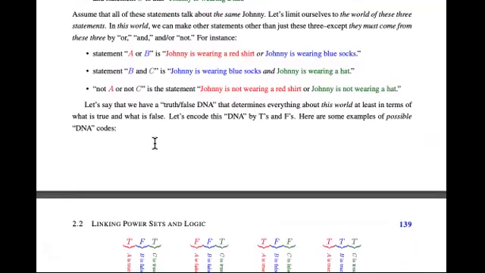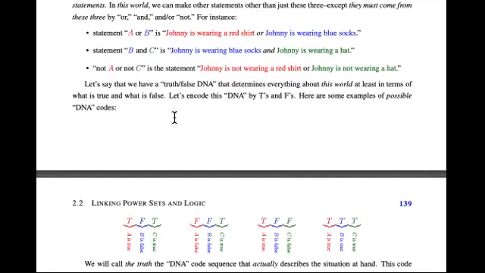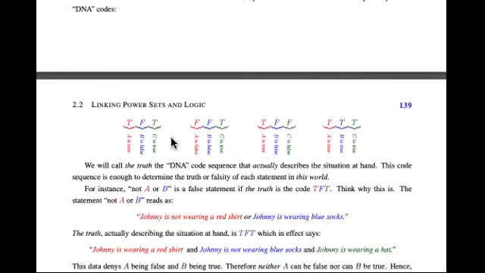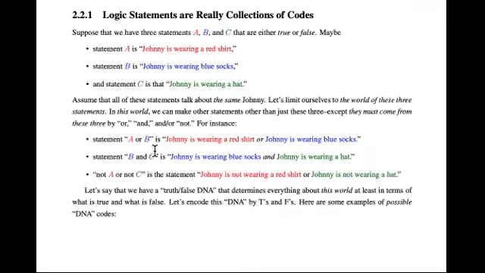In fact, some options for A being true, B or C, will determine whether or not one of those statements is true or false. So for instance, let's suppose A is true, B is false, C is true. Now if A is true, B is false, and C is true, then let's look at the statement A or B. Well, yes, one of those is true because A is true.